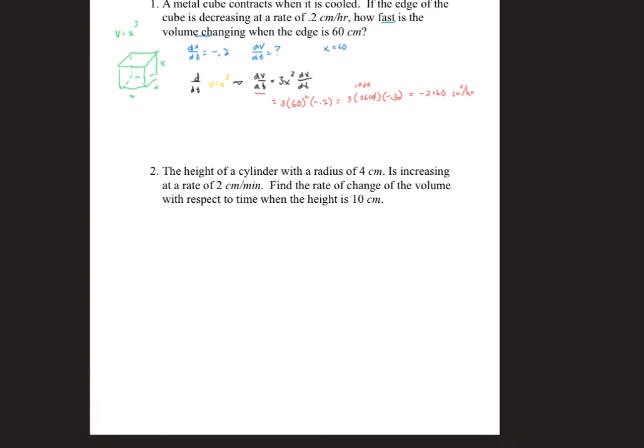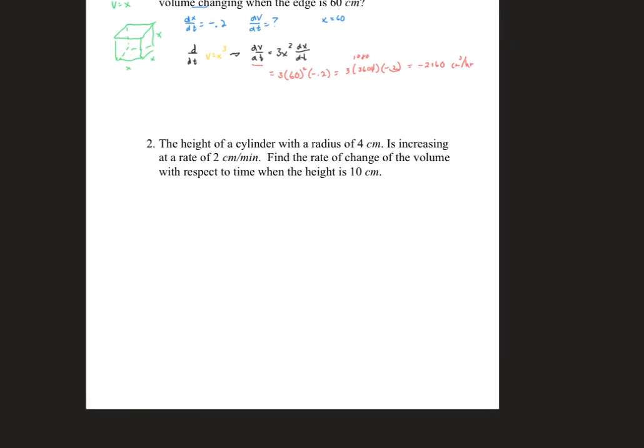Okay, on to the next one. I'm going to move this a little bit up. So the height of a cylinder with a radius of 4. We've got some cylinder here, and it's going to have a radius of 4. And it is increasing. What did I mean to say?